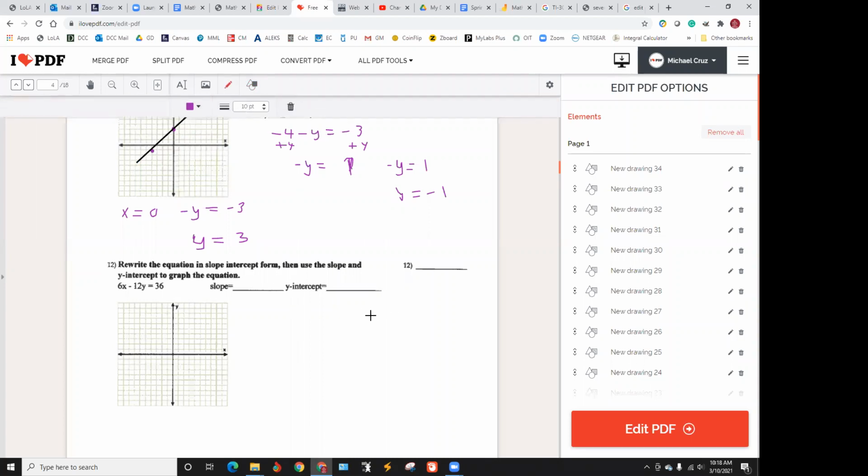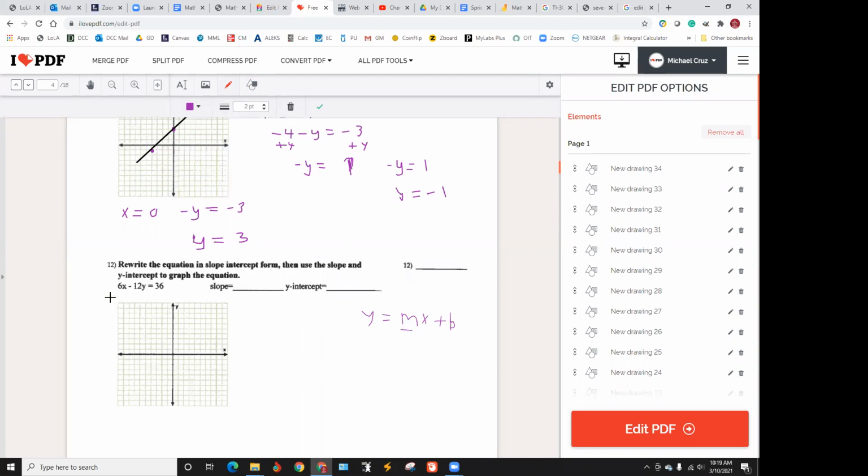We want to get it solved for y. And if we get it solved for y, then we've got the slope and the y-intercept.